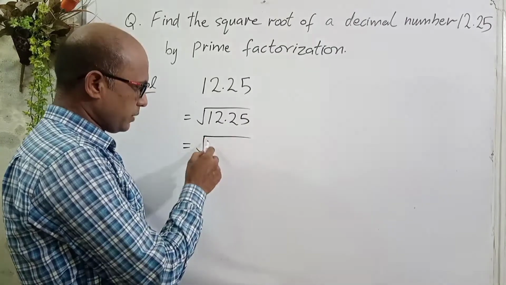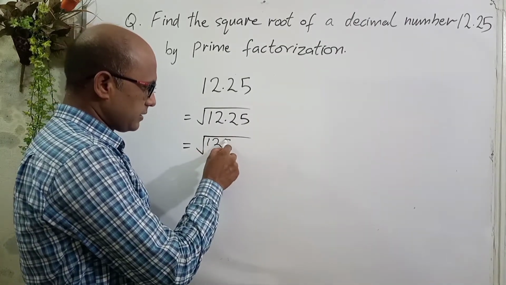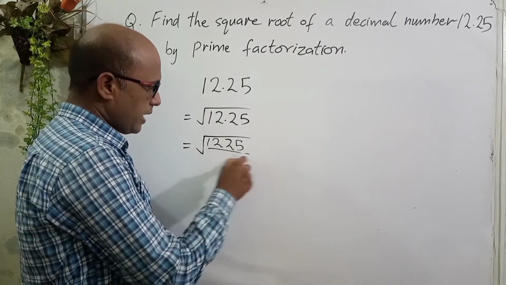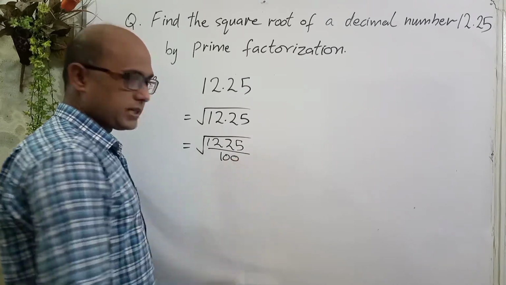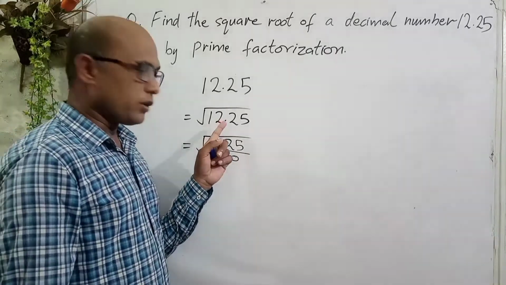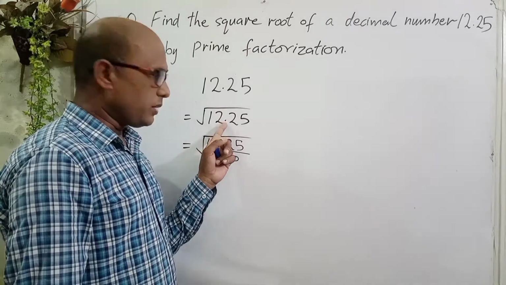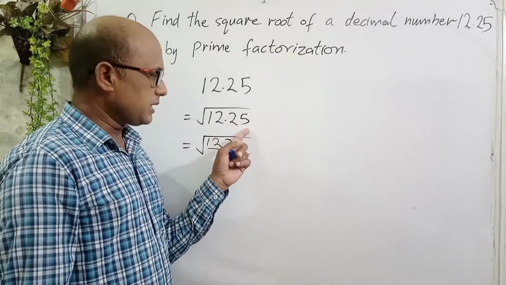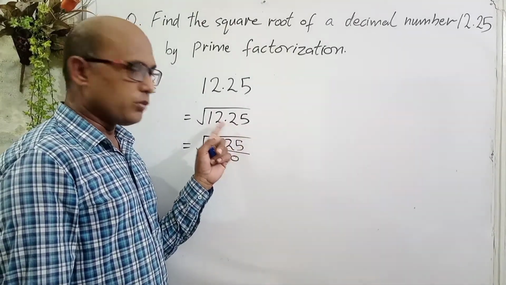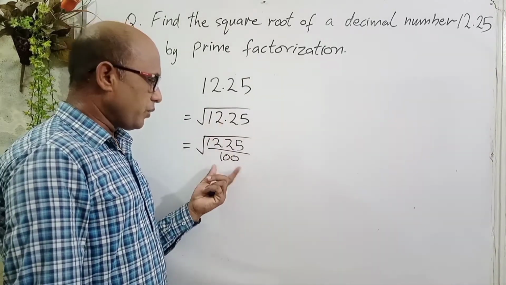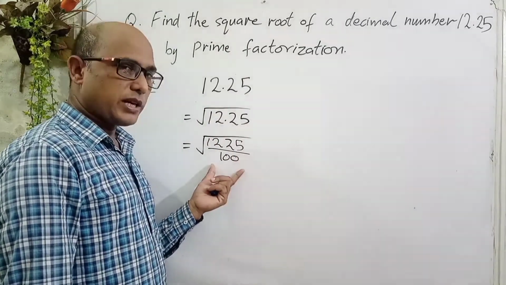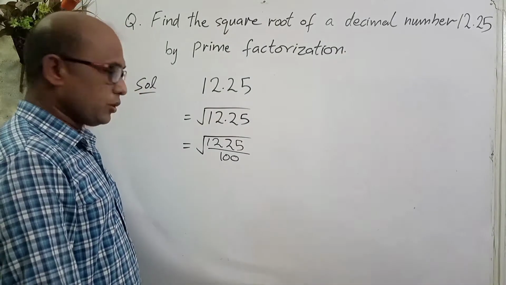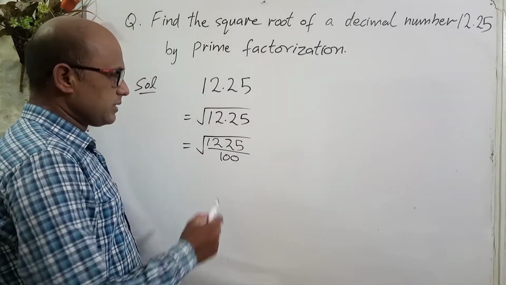To remove this decimal, we'll get 100 in the denominator, because we know after the decimal there are two numbers. Therefore, when we remove a decimal, we get 100 in the denominator. So let's do it, students.